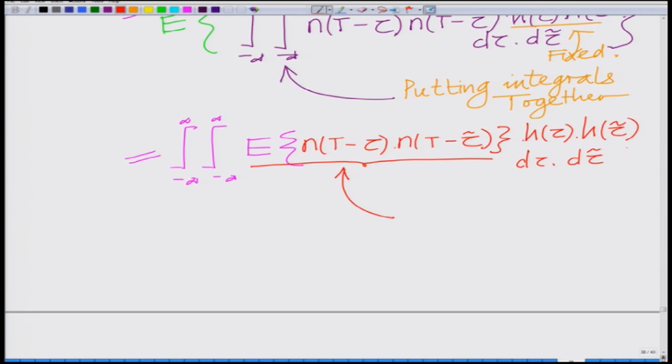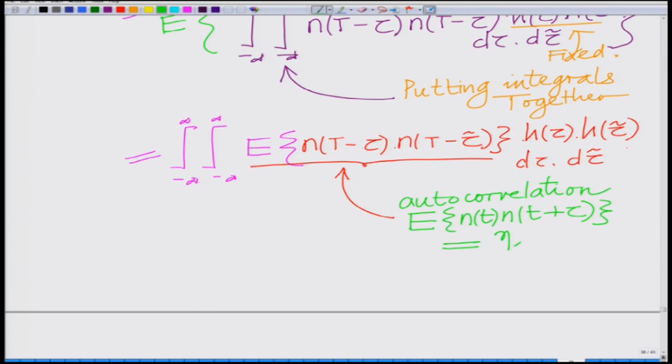Here this is nothing but the autocorrelation, correct. This is basically nothing but the autocorrelation of n(t − τ̃). And you realize that the expected value of n(t) n(t + τ) is equal to η over 2 δ(τ).